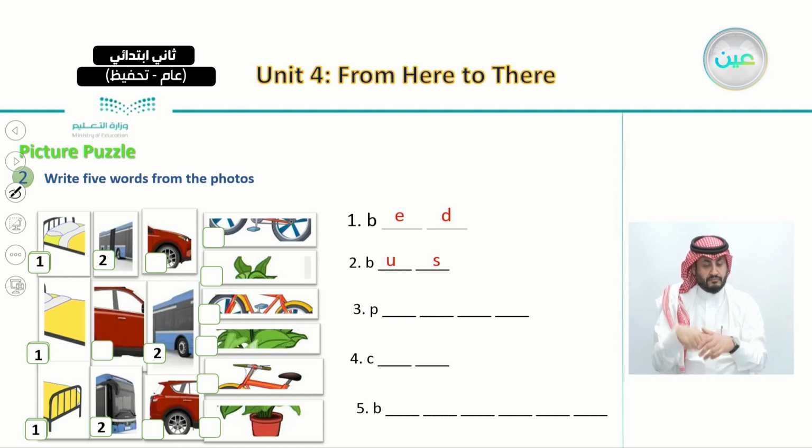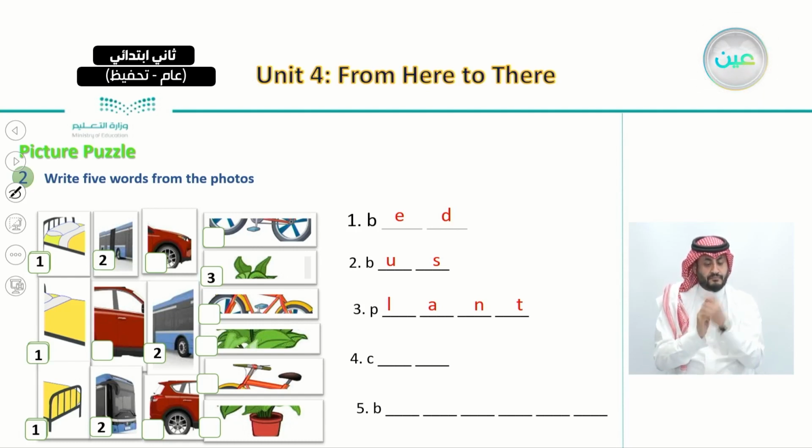And number 3. Here we have a word that starts with P and has 4 more letters left. So have a look. Which of these pictures has a word that starts with P? It is, of course, number 3, which is a plant. This will lead us to number 4, which is a word that starts with the letter C and has 2 more letters.